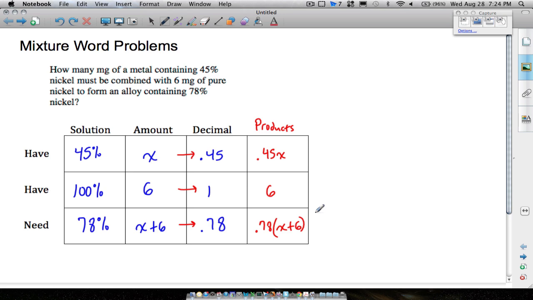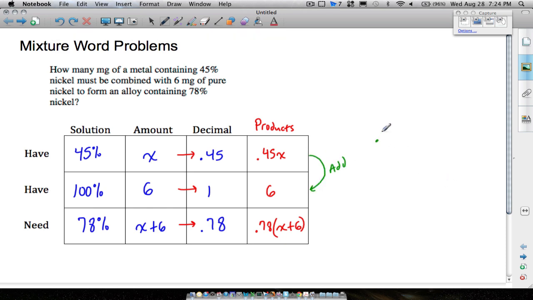Now since you have decimals, I would recommend grabbing a calculator to help with these computations. What we're doing is combining these 2 things that we have. When you combine 2 things, you want to add them together. We're combining the 45% and the 100%, so we want to add these 2 things together.